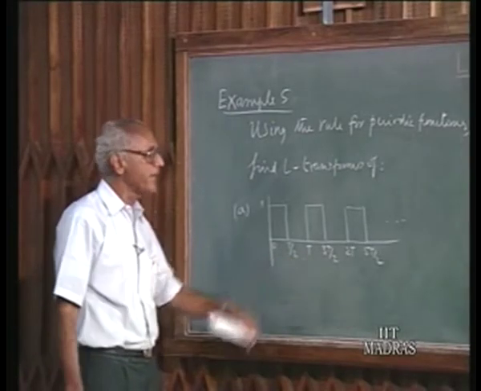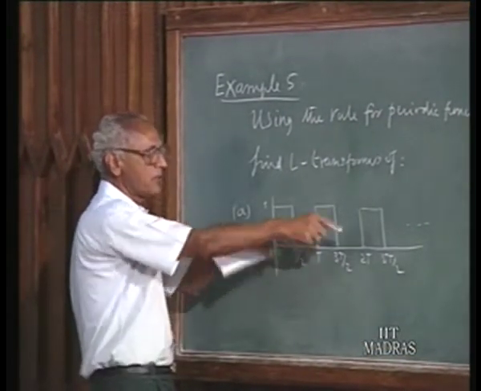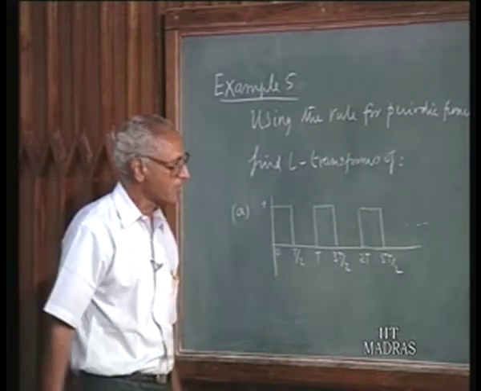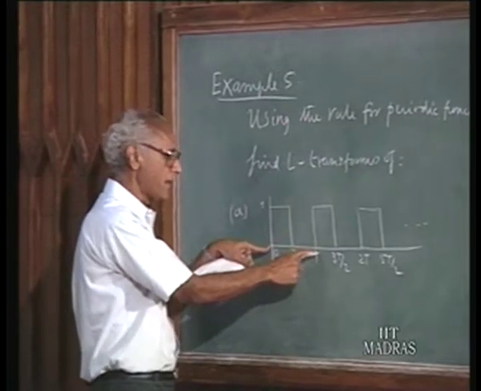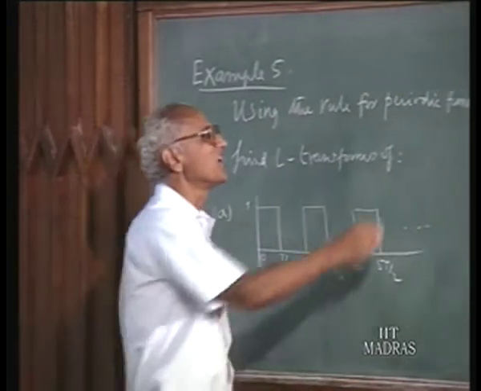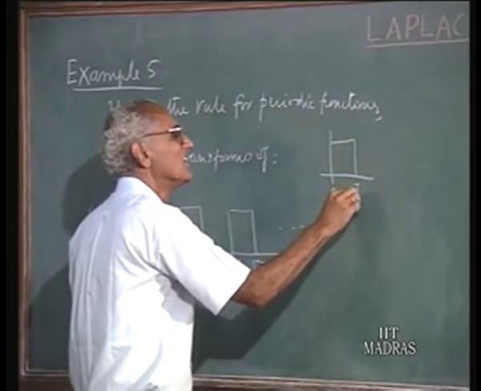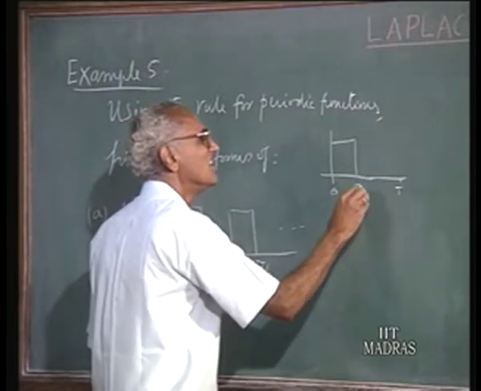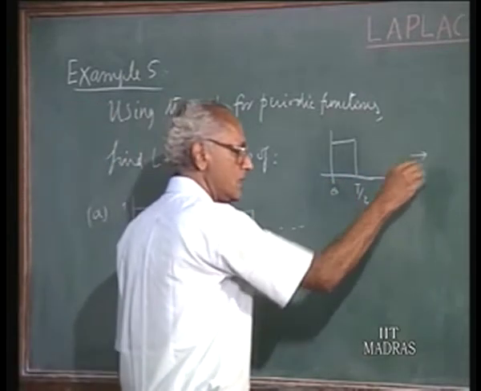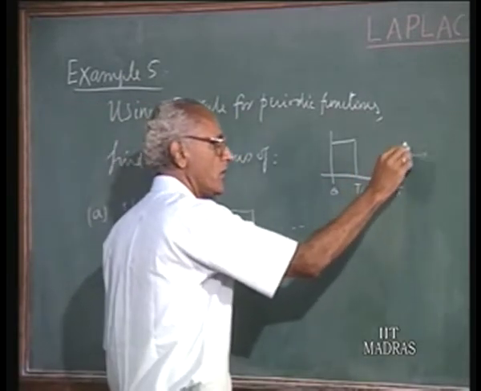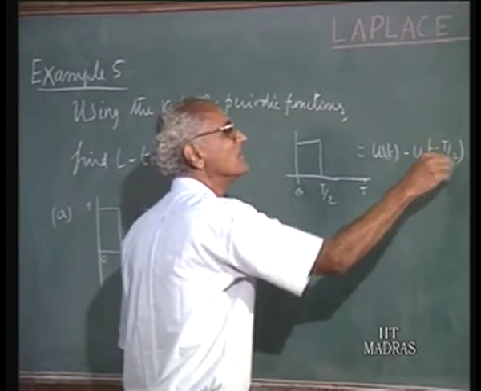Now take this. We have a pulse train here. So if we know the Laplace transform of one single pulse, we can find the Laplace transform of the pulse train, because it is a periodic repetition of the same event. Whatever is happening from 0 to capital T is repeating itself. So if you want to find the Laplace transform of just this portion, we know that this is equal to u of t minus u of t minus T upon 2.